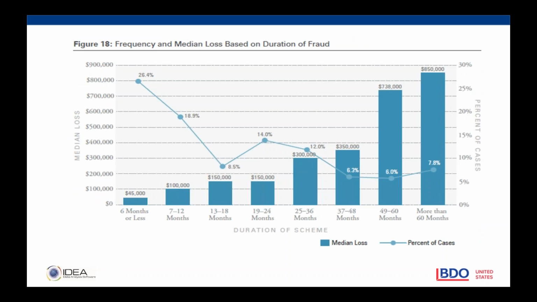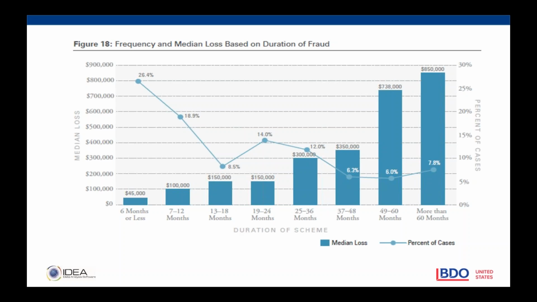The next one I think is quite an interesting one as well. This one is demonstrating that as the time goes on, the fraud grows. And this is probably a really telling story, that fraud started off a little smaller, and if people are getting away with whatever that fraud is, the fraud just keeps building and building and building, and as you can see, once it gets out over the 3 to 5 year period, the numbers really grow quite a bit.